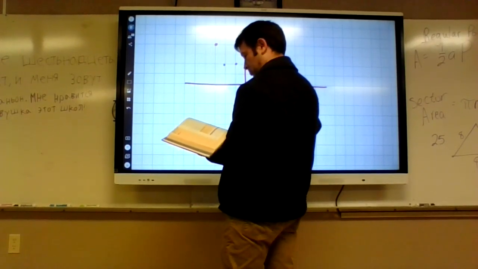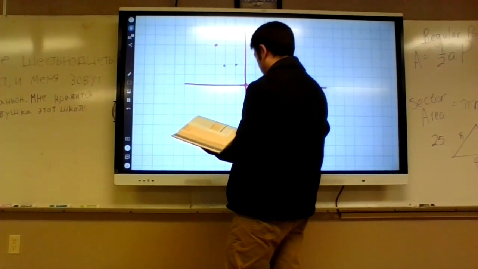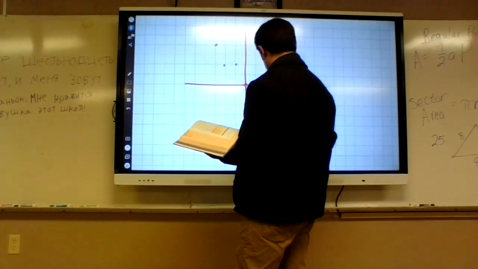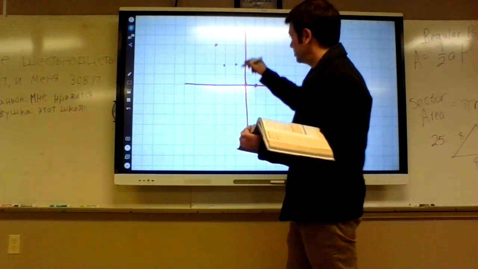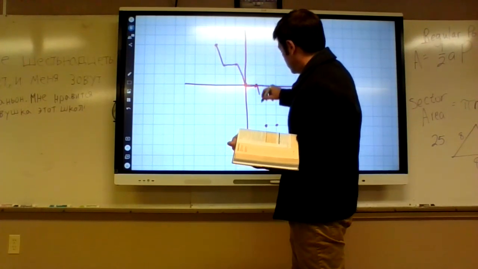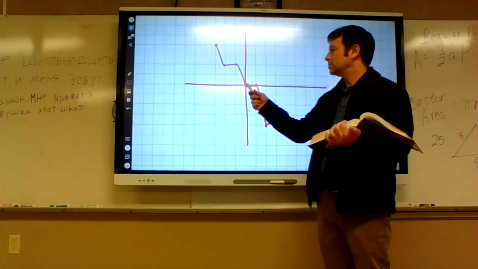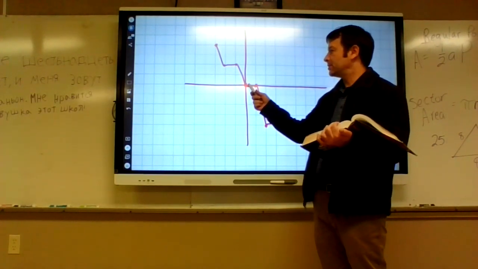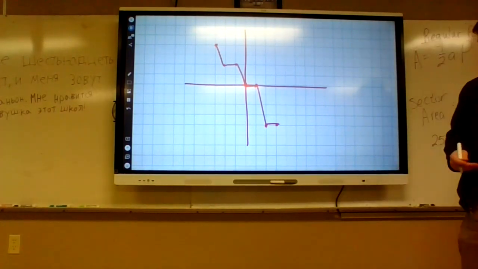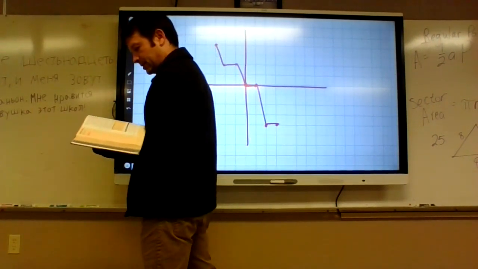But steeper, right? So, let's see, 2 is at -2, so it should be at -4. Right? Yeah. So it should look like this. At 0, it's still at 0, because 0 times 2 is still 0. So that should be your A.